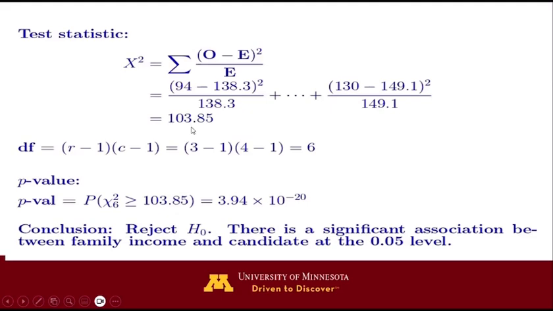Now, after getting a chi-square test statistic value, the next is degrees of freedom. The degrees of freedom is the number of rows minus 1 multiplied by the number of columns minus 1. R represents the number of rows, C represents the number of columns.